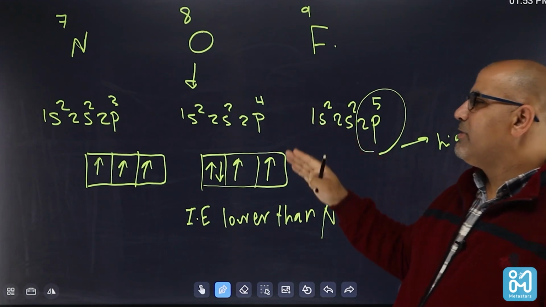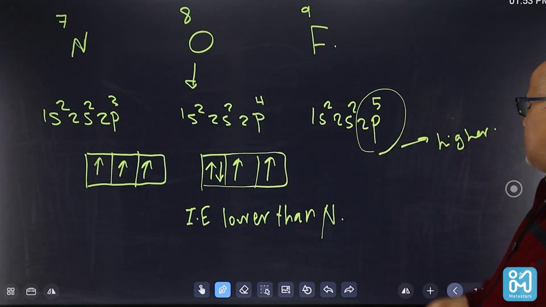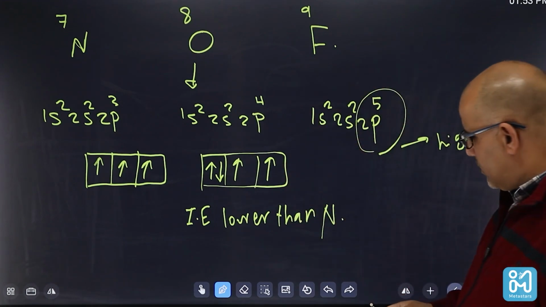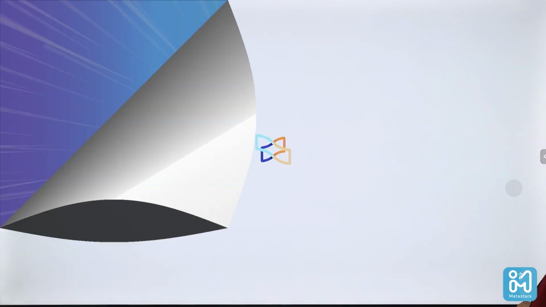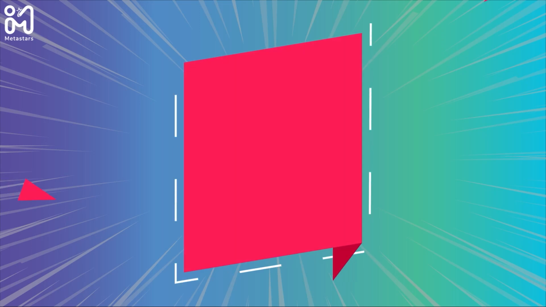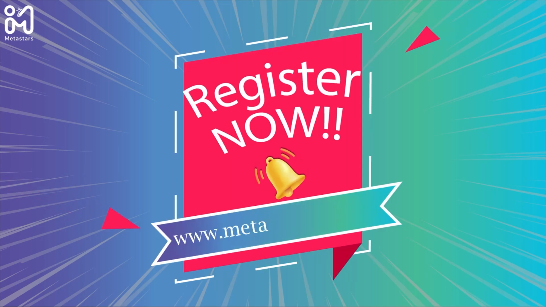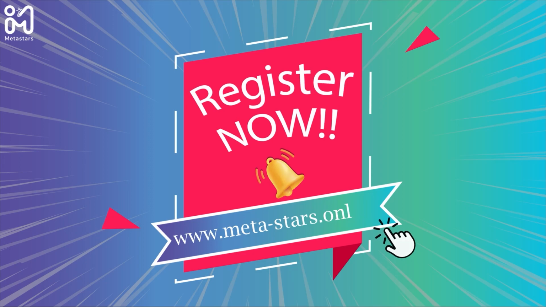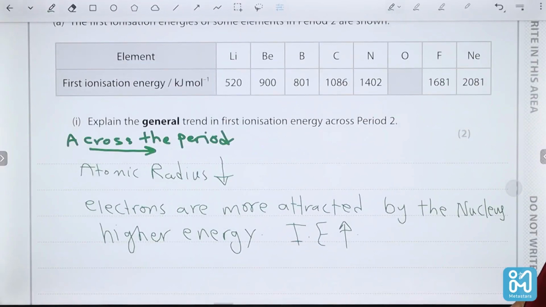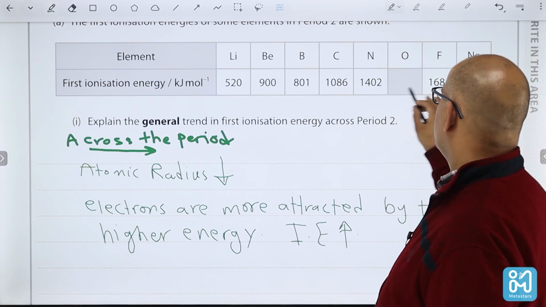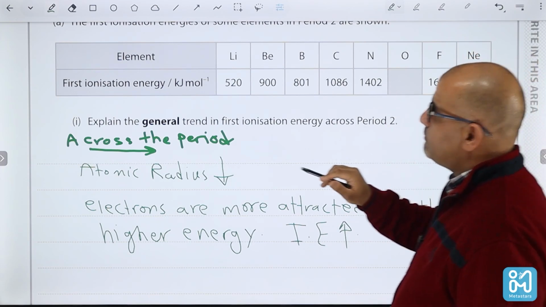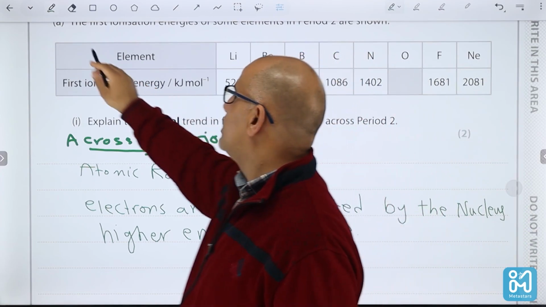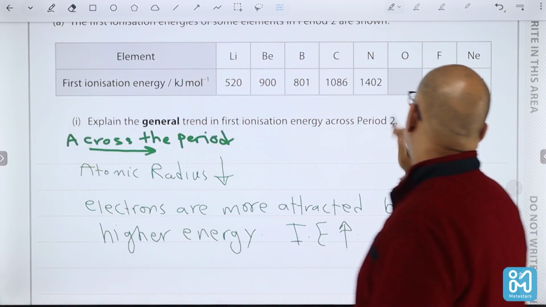It will decrease for oxygen, then rise to a higher value for fluorine.